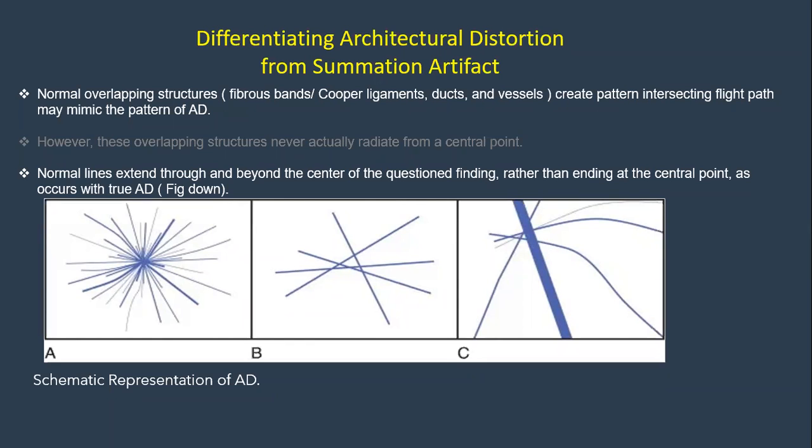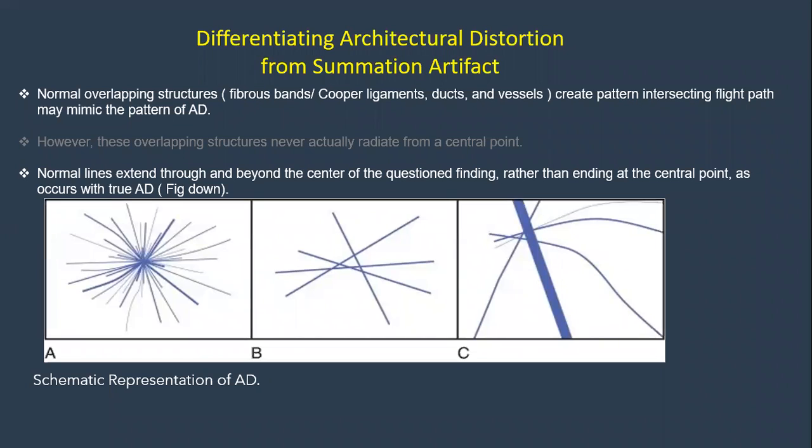If we have a good high resolution image, we have to differentiate between architectural distortion and summation, or at least we have to know the principles. If somebody asks me why this is architectural distortion, why not summation artifact, I have to explain for him based on these criteria.